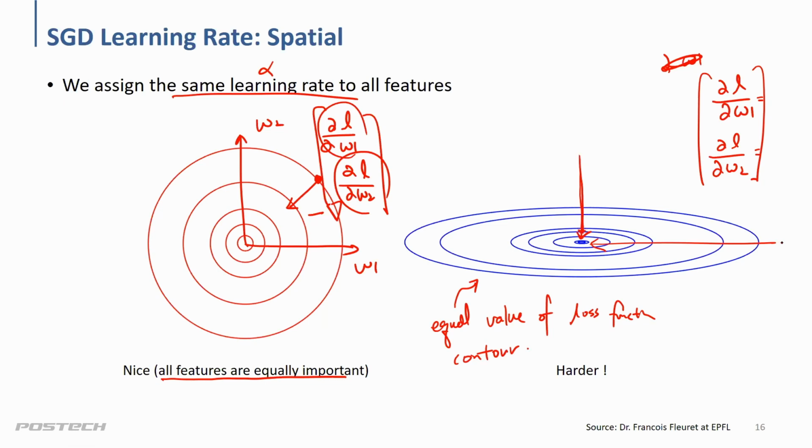And if you walk in these directions, which one is steeper? Which one do you guys think is steeper? Think about the slope.